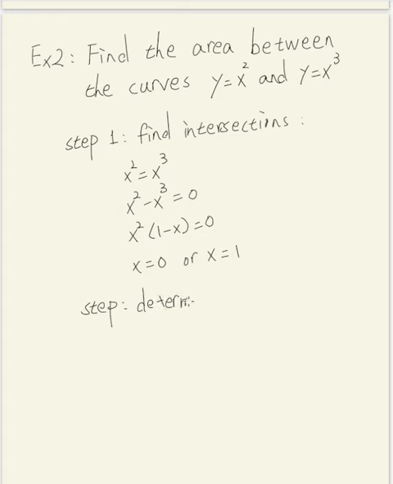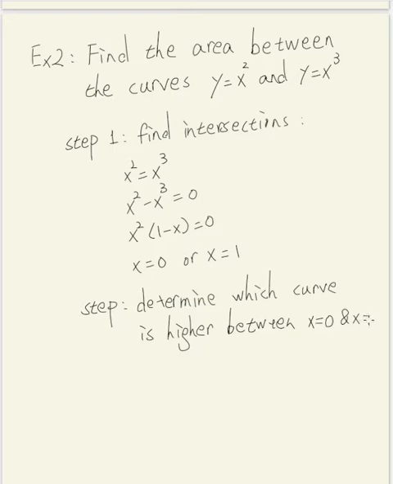determine which curve is larger or higher between the two intersection points, x equals 0 and x equals 1. It can be done multiple ways. You can simply plug in a number, say 1 over 2.